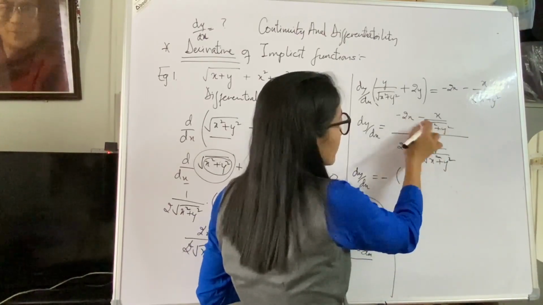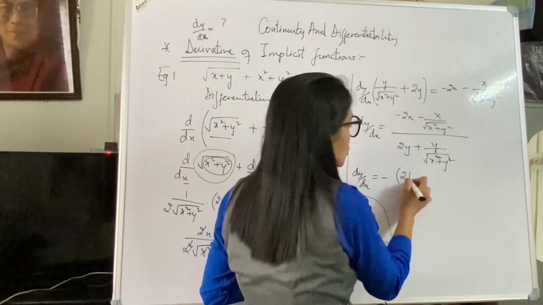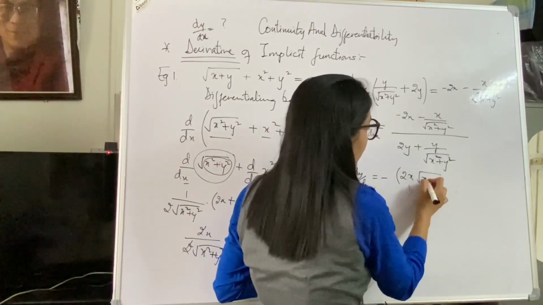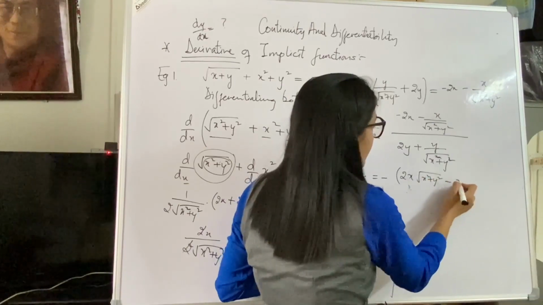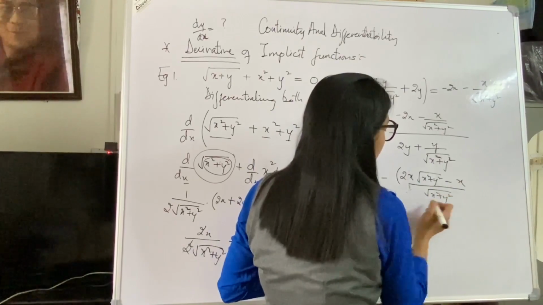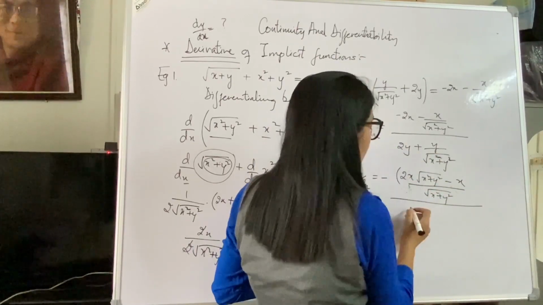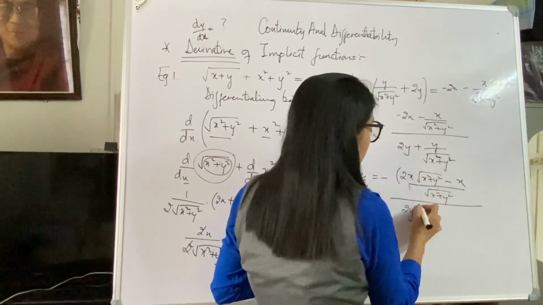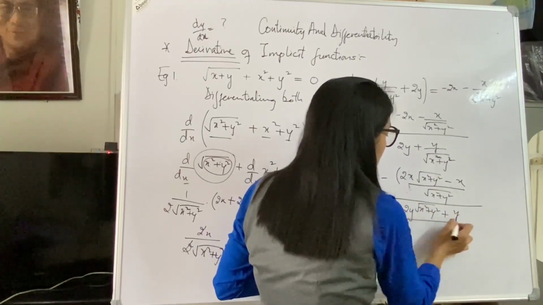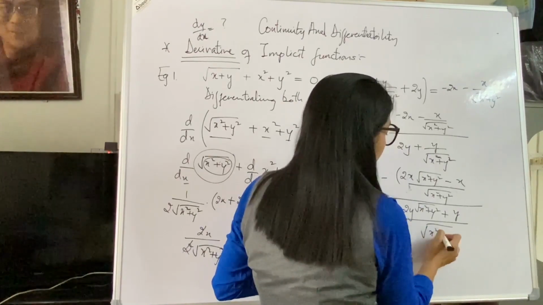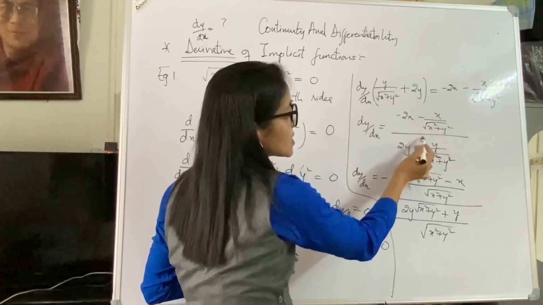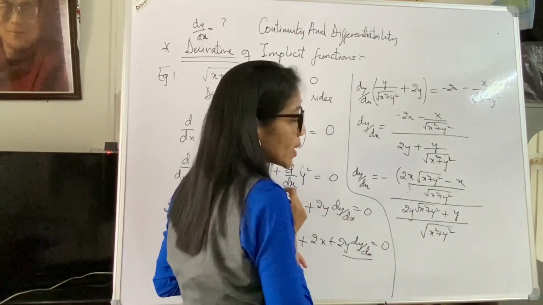So now when you multiply it over here, you get 2x square root of x square plus y square minus x, whole divided by square root of x square plus y square, whole divided by, so similarly you will write it here, 2y, when you get the square root of x square plus y, whole divided by square root of x square plus y square, right? I'm just solving the fractions on the numerator and on the denominator, so I get this.